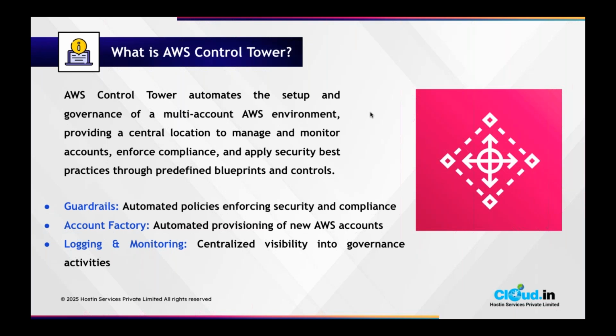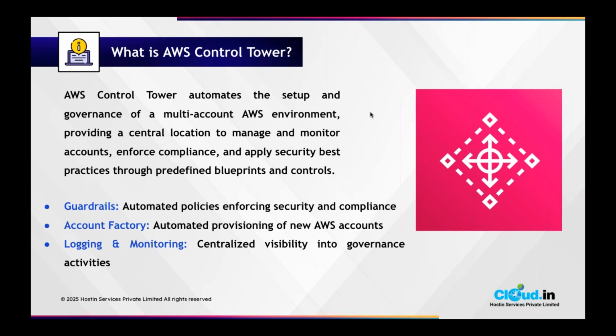AWS Control Tower automates the setup and governance of multiple AWS accounts, and it also provides a centralized location where you can monitor all your AWS accounts and apply security best practices.